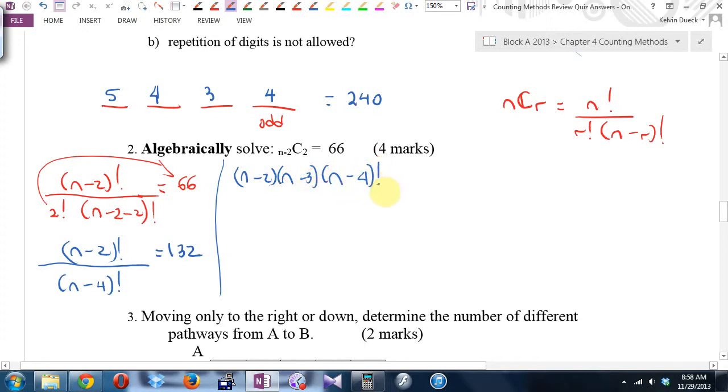I'm going to stop there, because now I can cancel out the (n minus 4) factorial. Woohoo! And what I get is (n minus 2)(n minus 3) equals 132.